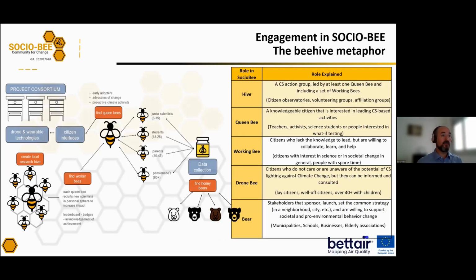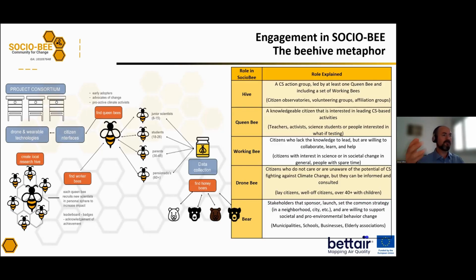The full community would be a hive, and then there would be a queen bee who is organizing the measurement campaigns and helping out and motivating or organizing a number of worker bees that would actually be doing the measurements themselves.